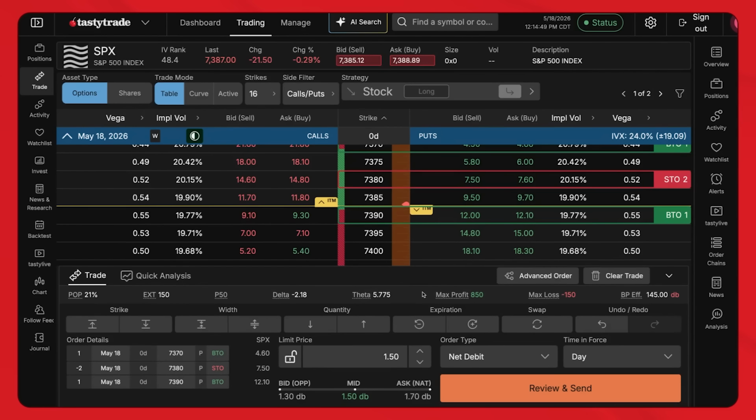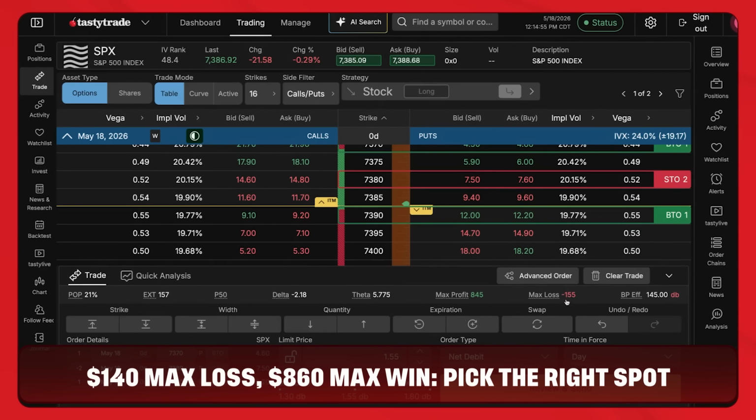It's still wondering, even with 0 DTEs, where the winning butterfly is going to be. But these have relatively low max losses, $1.55 in this case. Max profit is big. You don't even have to nail the center strike for this to be profitable.